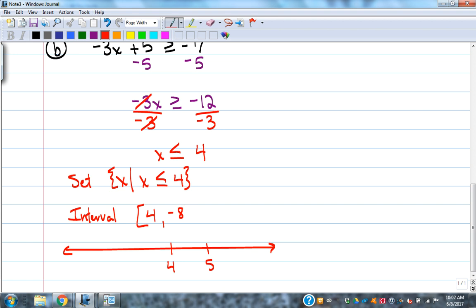Negative infinity. Now here's what I'm going to do. I'm going to turn that around, because negative infinity comes before 4. So the 4 would be the last thing that you would write. You'd write it like that: negative infinity up to 4, because you read it left to right.